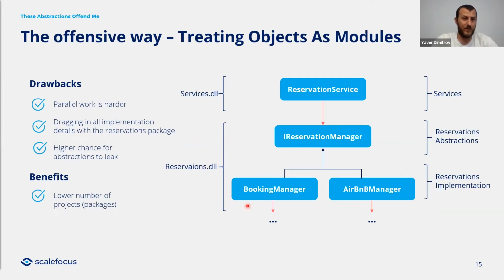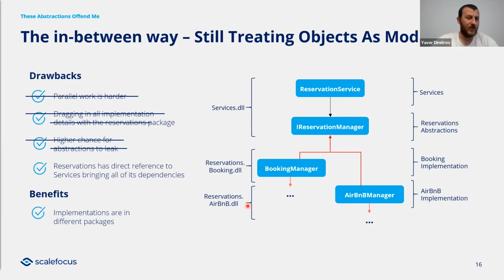So one other way that you can organize your code is those are basically the same classes, but instead of your interfaces or your abstractions living in your lower level modules, you put them in your higher level modules. So you move the interfaces in the services project.